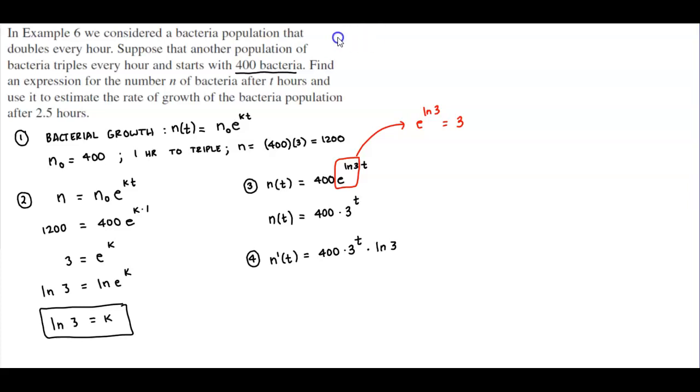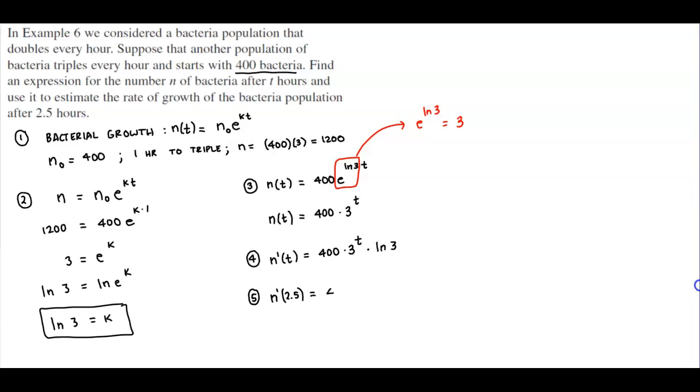And now, it says find the expression for n of the bacteria after t hours, which is the following here, and we're going to use it to estimate the rate of growth of the bacteria population after 2.5 hours. So therefore, now we want to find n prime of 2.5.